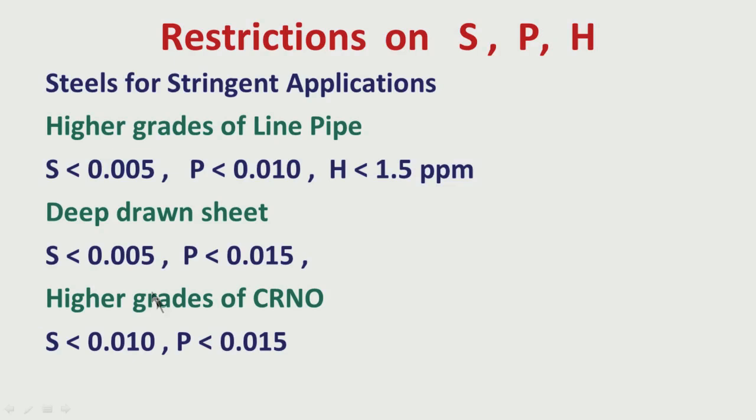Similarly, deep drawn grade and higher grades of CRNO have stringency on sulfur and phosphorus. One thing I must mention here is hydrogen analysis, because hydrogen has a very low atomic number, the lowest. So, the diffusivity is also very fast because the size of the atoms is very small. So, hydrogen, if you keep even at normal temperature, whatever hydrogen is there in steel will try to diffuse out.